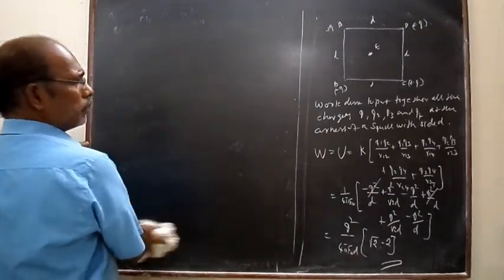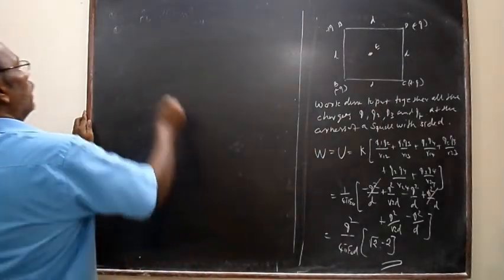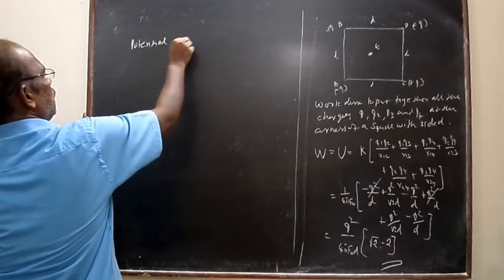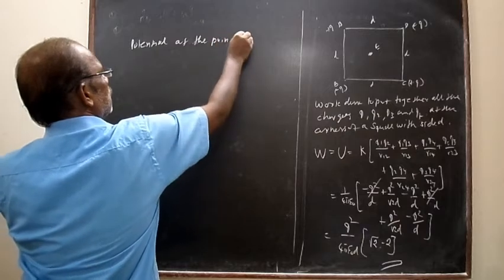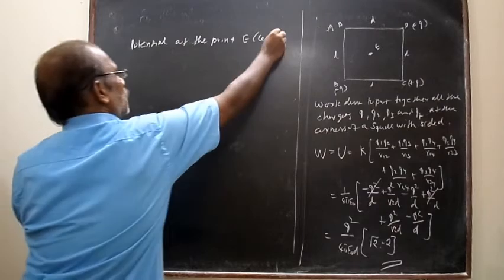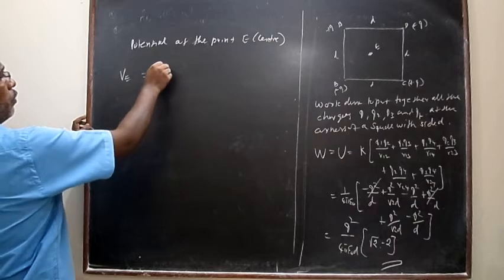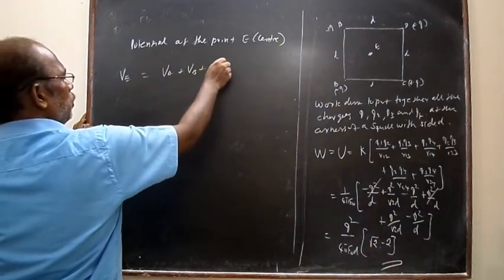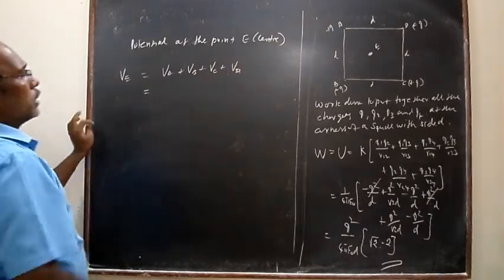What is the next question? What is the potential at the point E? E is the center. Then the total potential at the point E, V equal to V due to A, V due to B, V due to C, V due to the corner point D. What is V due to A?